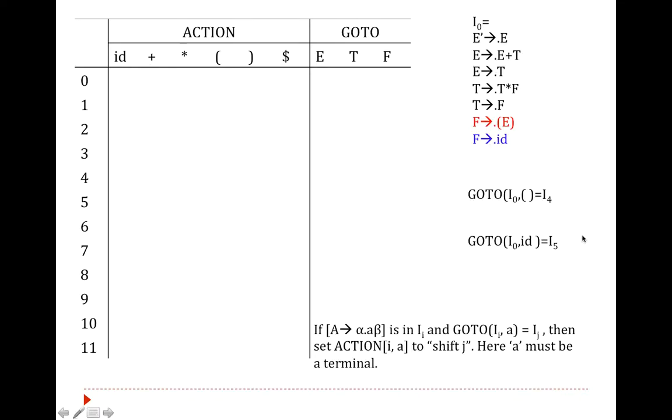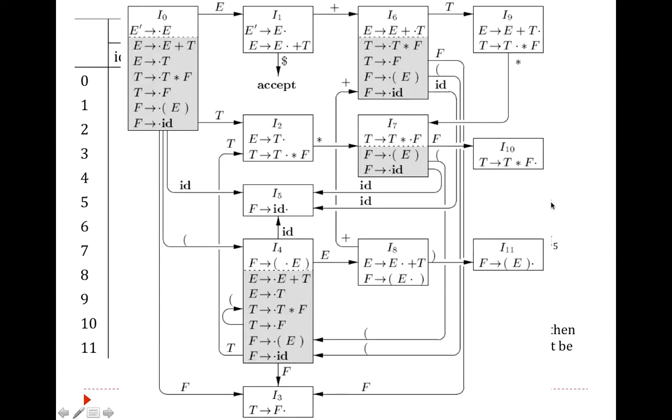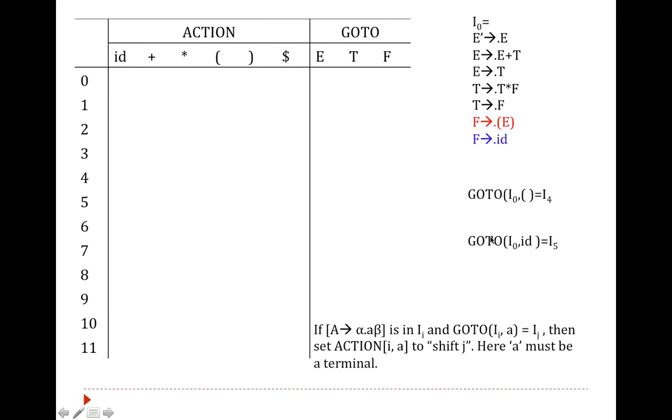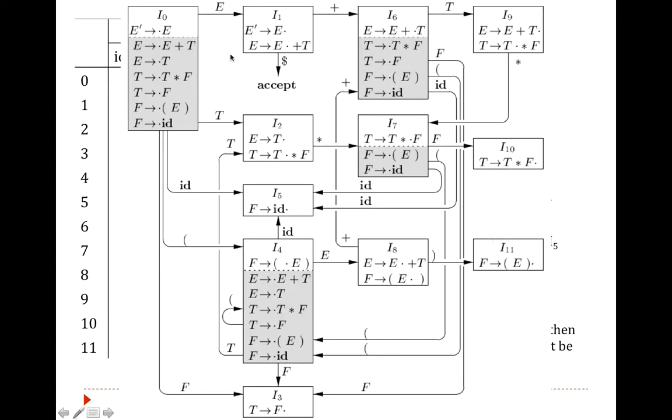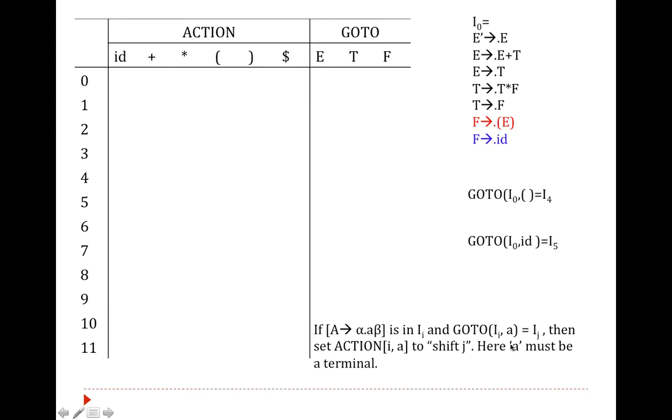So we referred to the LR0 automata and from the automata we have taken these states. Now we know Ij, hence the action for I0 and opening bracket will be shift to 4, and the action for I0 and ID will be shift to 5.